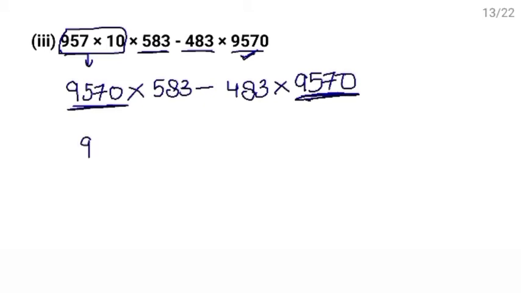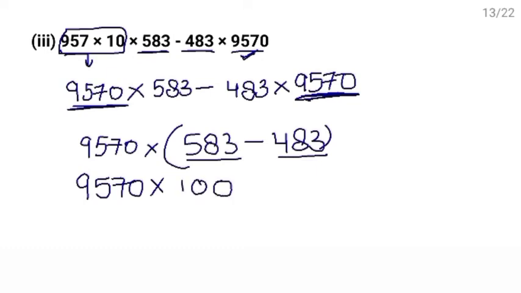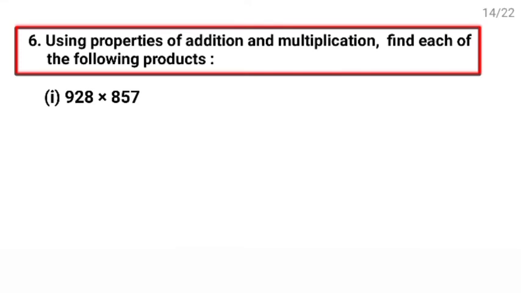Okay, we can take it outside the bracket. Multiply 583 minus 483. Now solve the bracket. When you subtract 483 from 583, what do you get? 100. Now multiply this 957 by 1. 957. How many zeros are there? 1, 2, 3. So put 3 zeros. This is your answer. Now the next question.